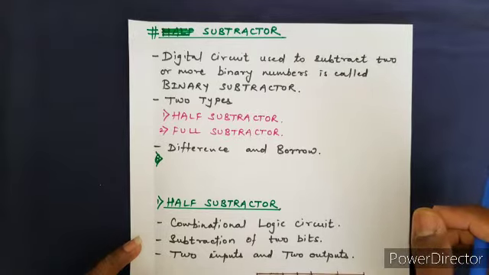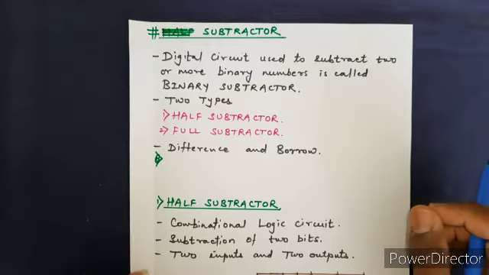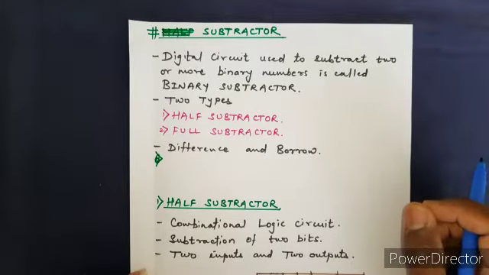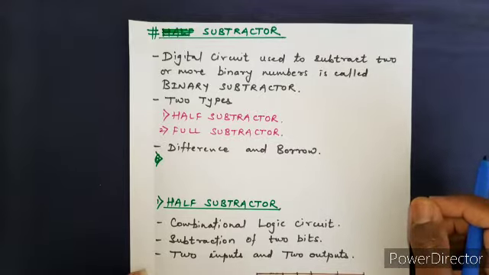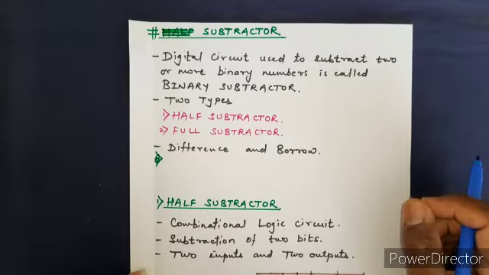In the last lecture we discussed the adder circuit. We are now discussing different examples of combinational logic circuits, in which we tried to understand the concepts of adders.